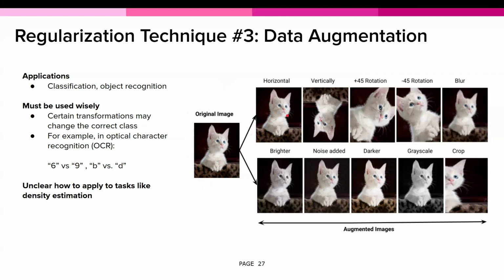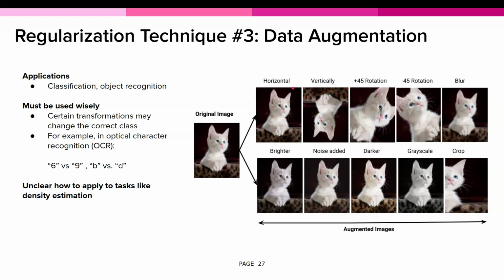transformations to it, some transformations that are meaningful for this type of data set. In images, this would maybe be flipping it horizontally or flipping it along the vertical. We might apply some rotations, a blurring operation, make it brighter, add noise, take out color altogether, or apply cropping. So we've expanded, or augmented, the original data set by applying these transformations.